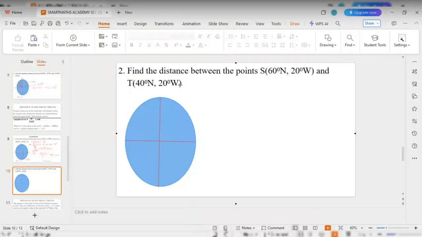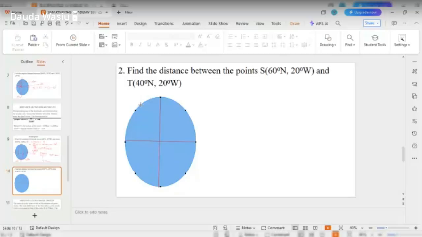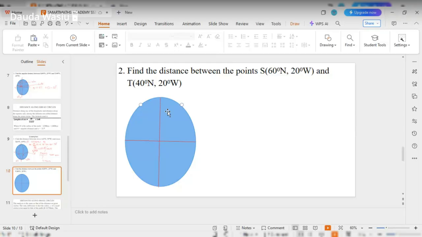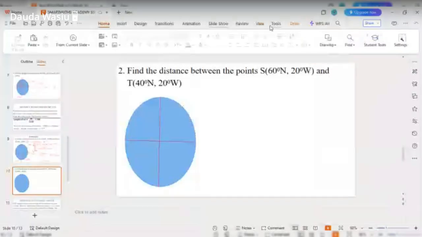So now 60 degrees north. Let's say this is 60 degrees somewhere here, north. So we have it like this. Okay, straight line first. Then let me redraw this to 60 degrees north. Let me use the draw diagram.